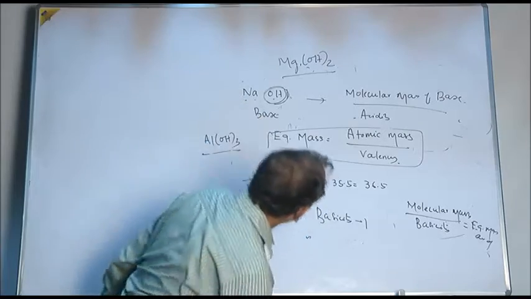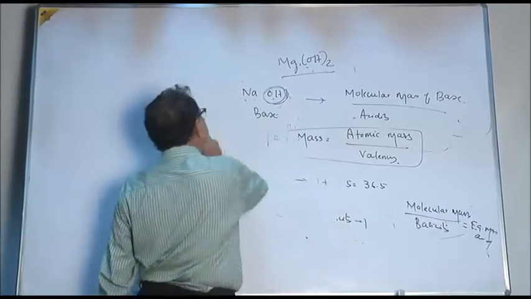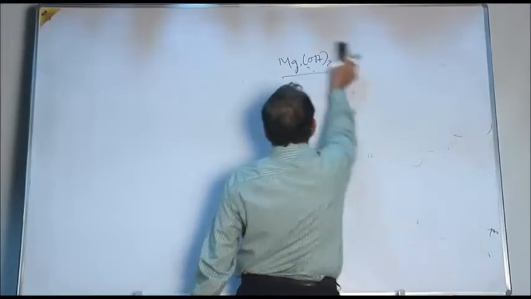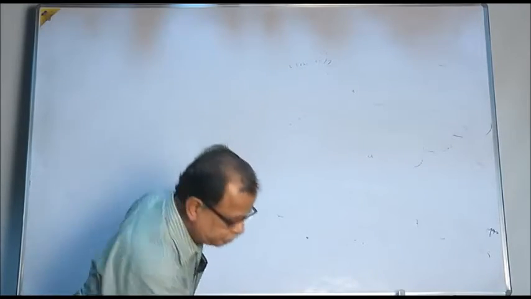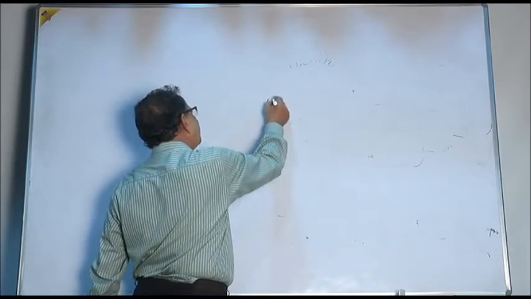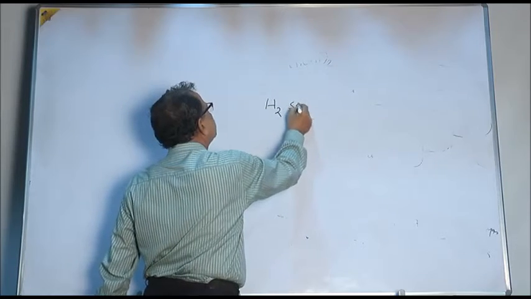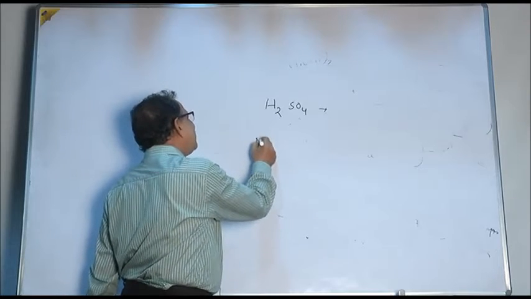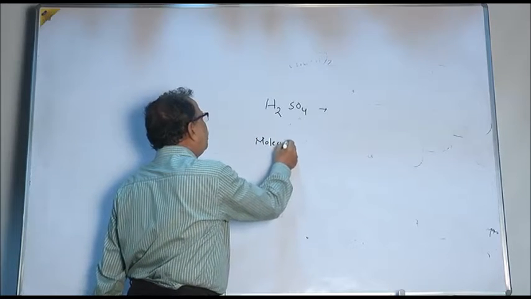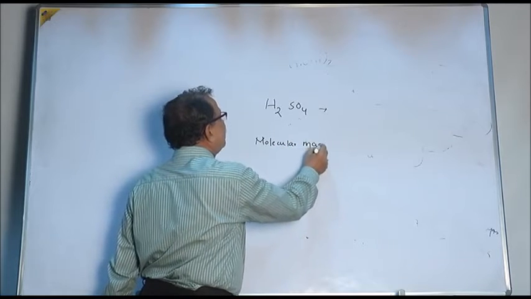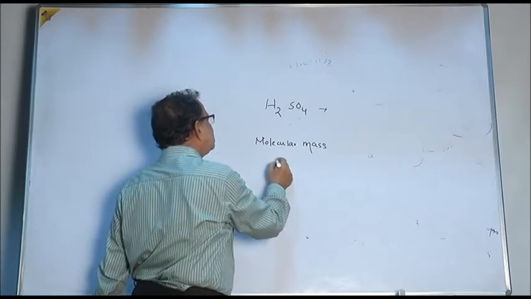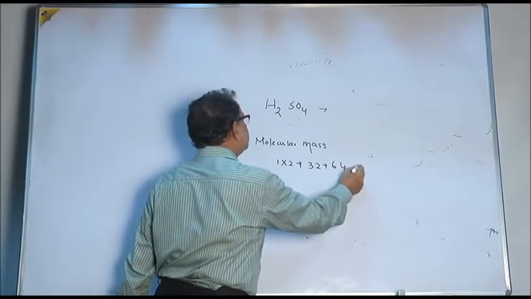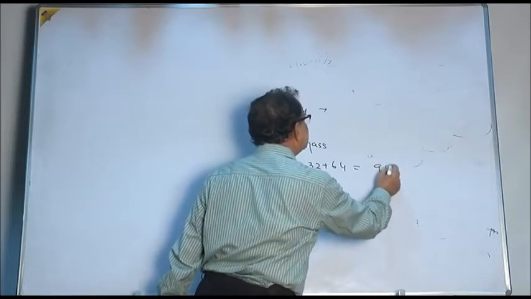Let us find out the equivalent mass of sulfuric acid. The formula is H2SO4. First calculate the molecular mass: hydrogen 1 into 2, plus 32, plus 64, equal to 98.